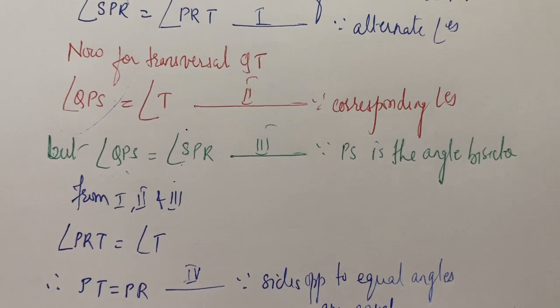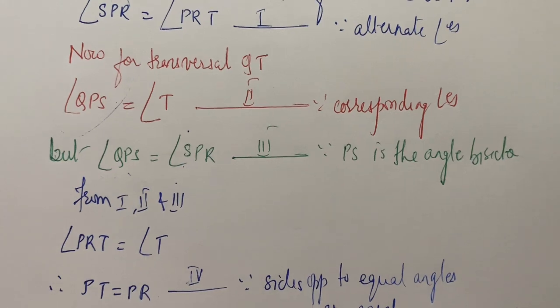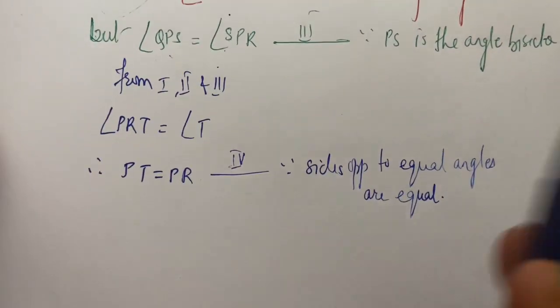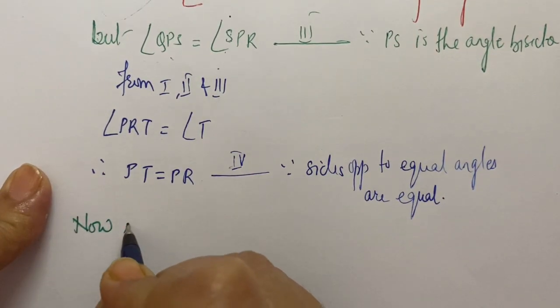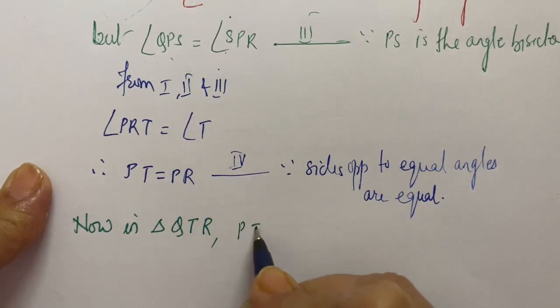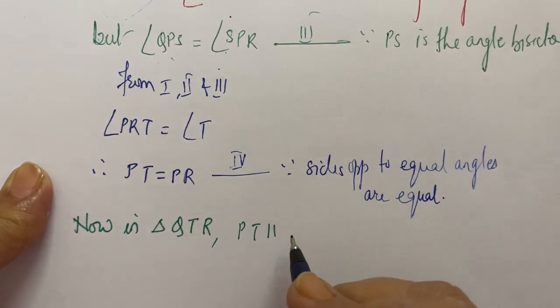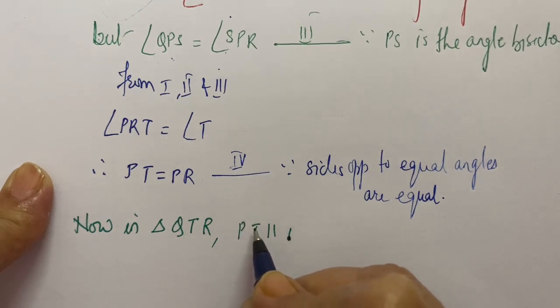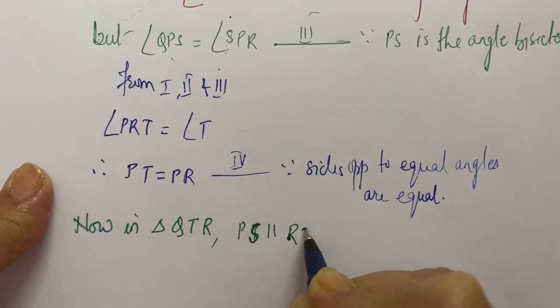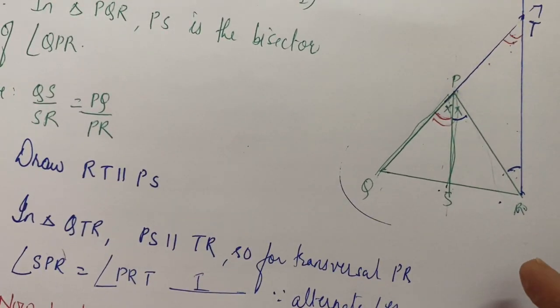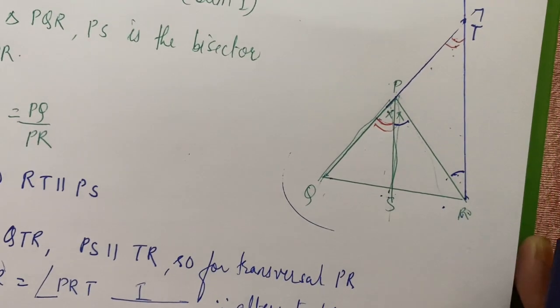Okay, so now we move on to the biggest triangle. Now we take triangle QTR. Now in triangle QTR, PS is parallel to RT. Right? This PS is parallel to RT. So we are going to apply the basic proportionality theorem or the Thales theorem over here.